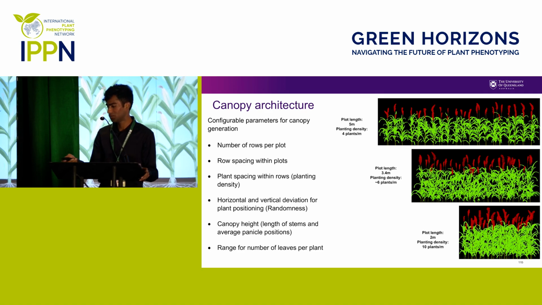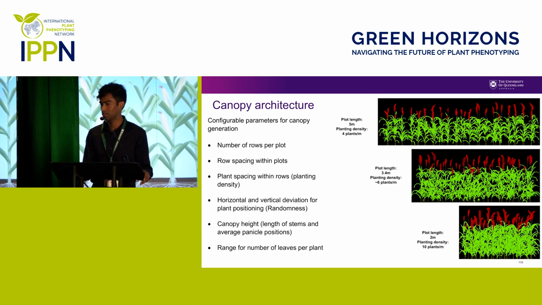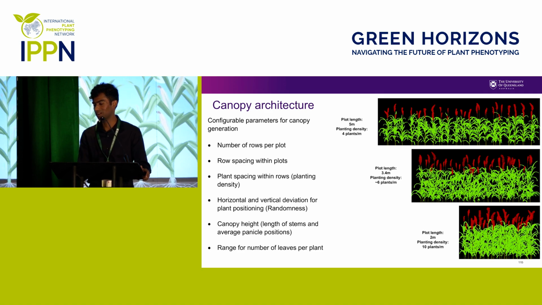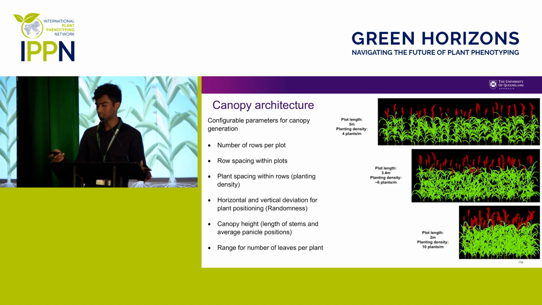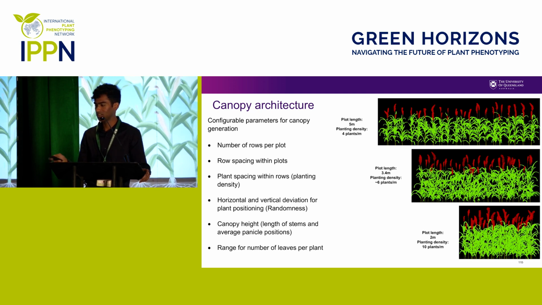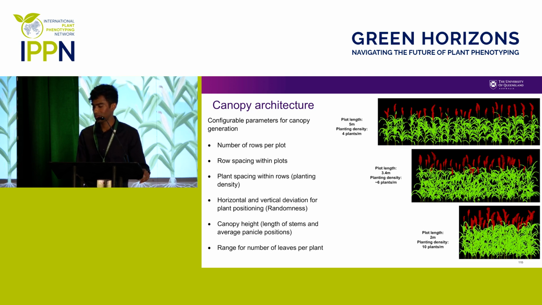And to generate 3D models of the entire canopy, for now we define a few basic parameters in the plot configuration, and this will in turn dictate the density of the canopy, which includes the arrangement of the leaves on the stems, specifically their positioning, the leaf angle, and the clumping of panicles. So for now, it's a purely geometric model.